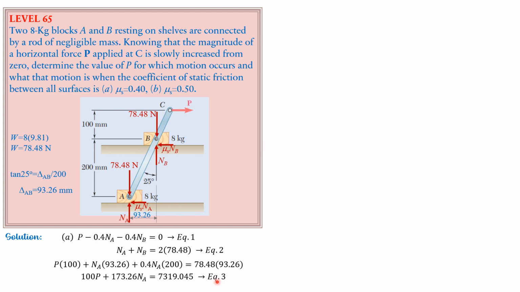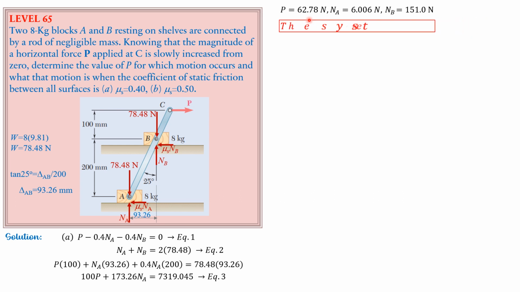Call that equation 3. Solving these three equations simultaneously, because there are only three unknowns, P, NA, and NB, we get P is 62.78 newtons, NA equals 6.006 newtons, and NB is 151.0 newtons. So that means the system slides and P is 62.78 newtons.